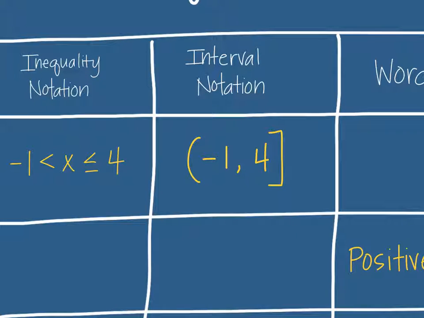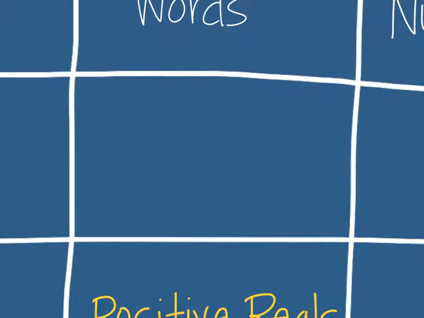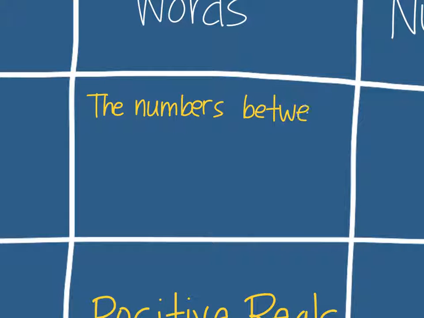If you're going to describe that in words, you might say something like this. The numbers between -1 and 4. Just saying that does not mean you're including either of them.